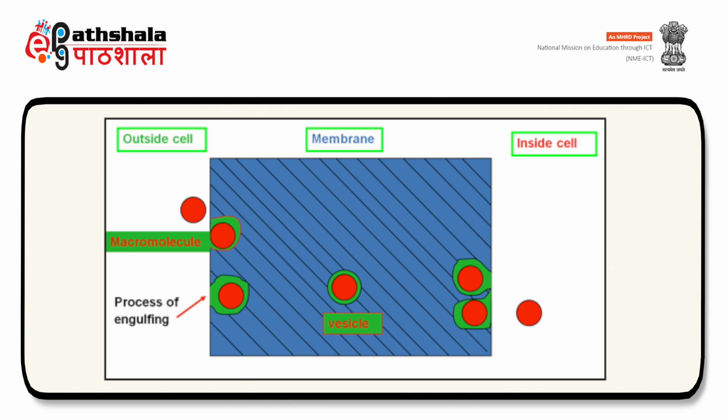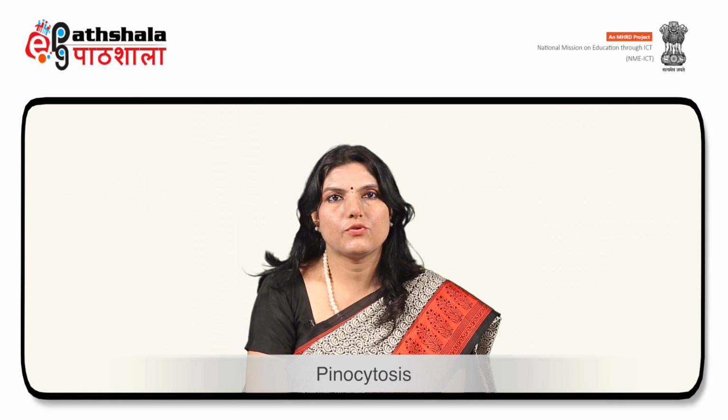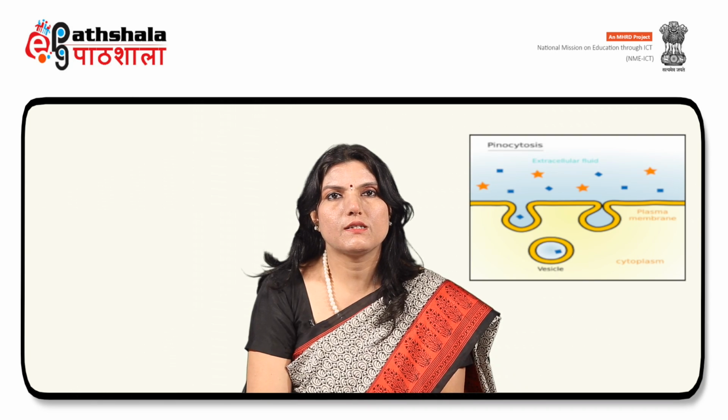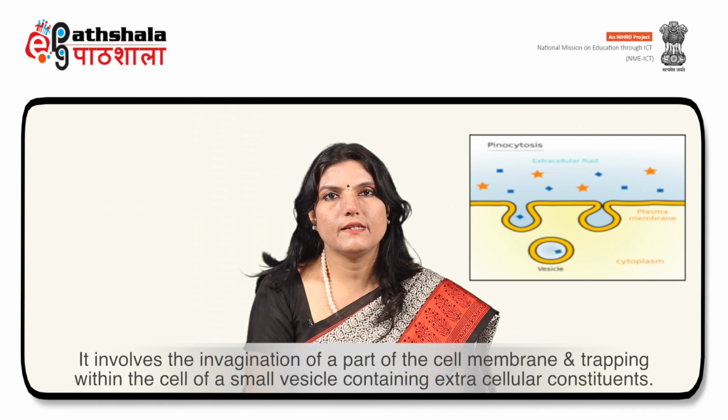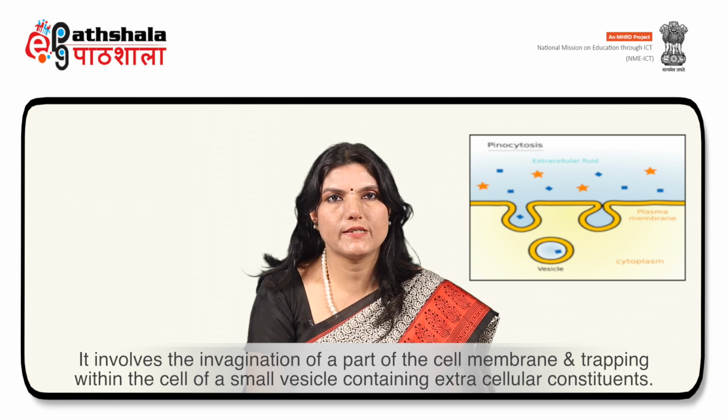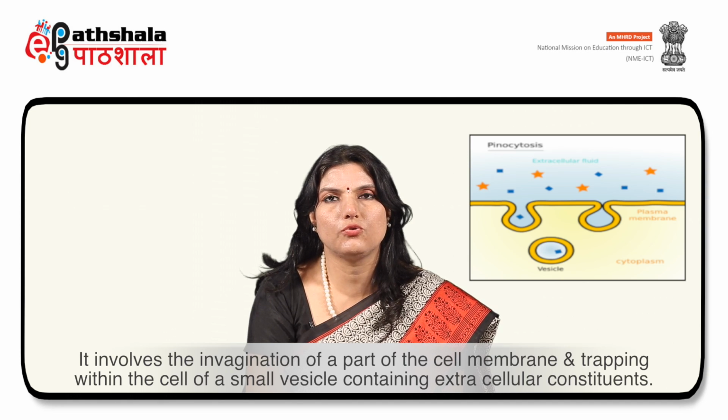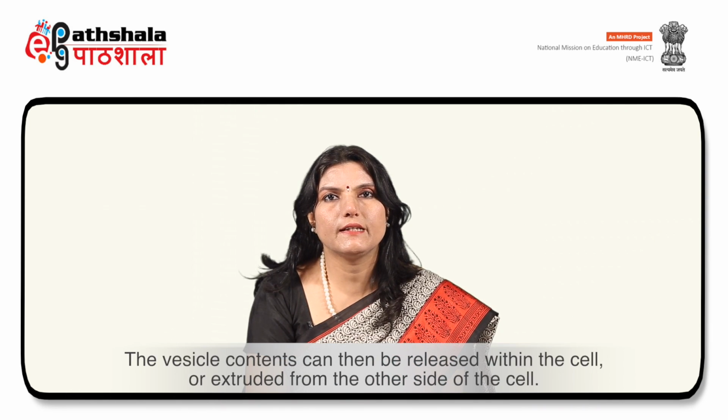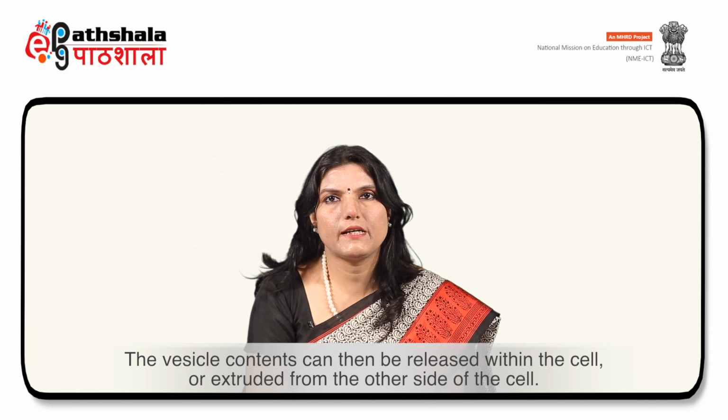Phagocytic uptake of macromolecules is shown in the figure on the screen. Pinocytosis. The pinocytosis process involves invagination of a part of the cell membrane and trapping within the cell of a small vesicle containing extracellular constituents. The vesicle content can then be released within the cell or extruded from the other side of the cell.